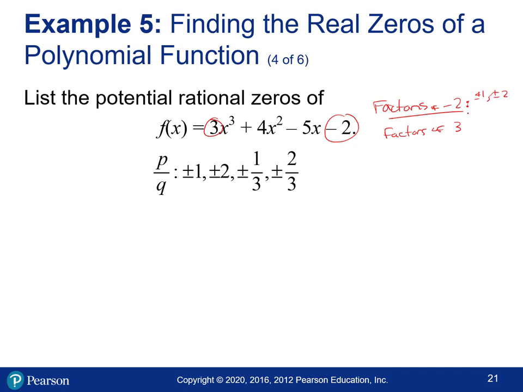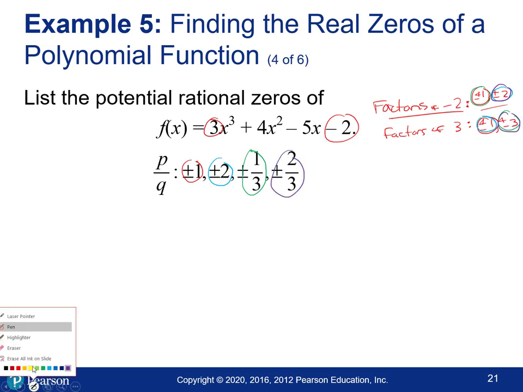And the factors of 3 are just plus and minus 1 and plus and minus 3. So when you divide these, notice what you get. You get 1 divided by 1, which is 1. 1 divided by 3, which is 1/3. And then 2 divided by 1, which is 2. And then the last one is 2 divided by 3, which is 2/3.